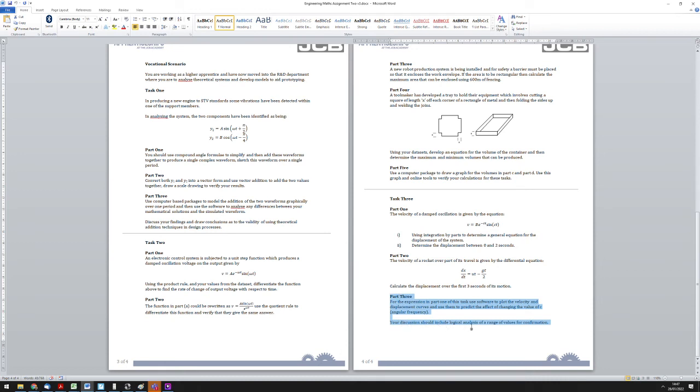Yeah, a logical analysis of a range of values to confirm what your prediction is talking about. From the data you've got here, you analyze a range of values of C, and then make a prediction what effect changing C has on the velocity curve and therefore the displacement as well.